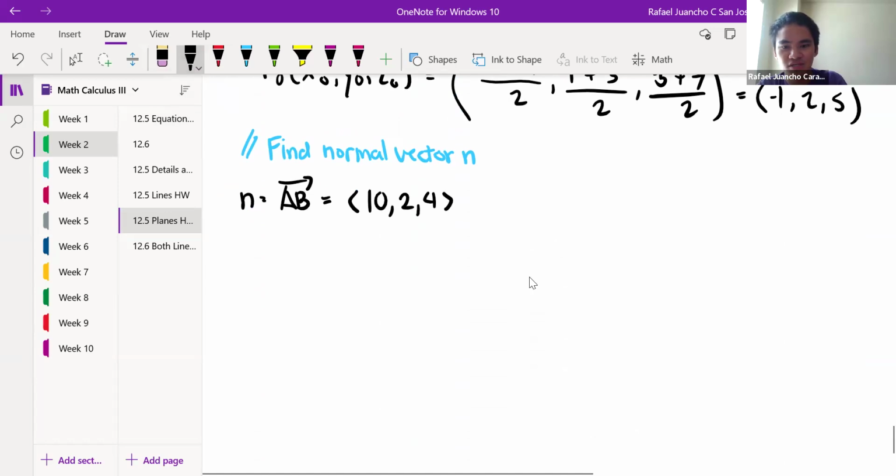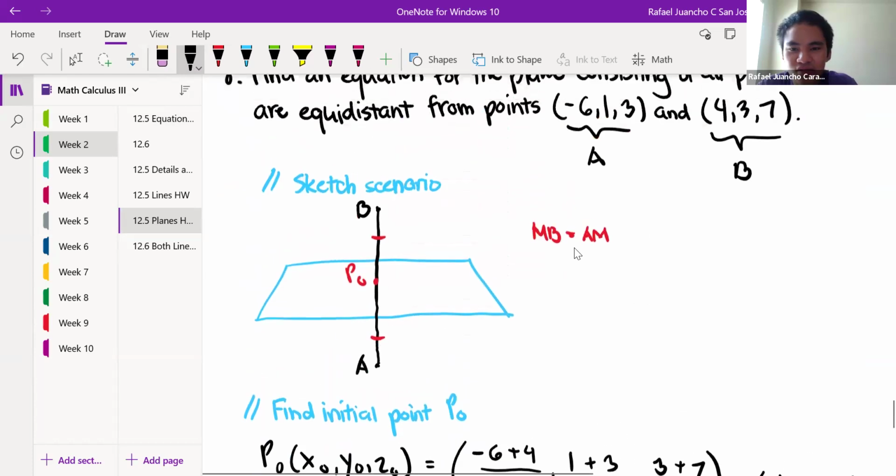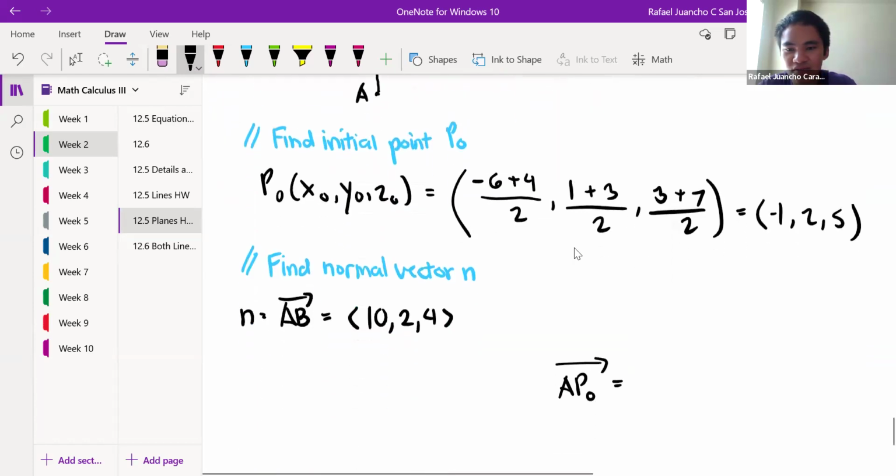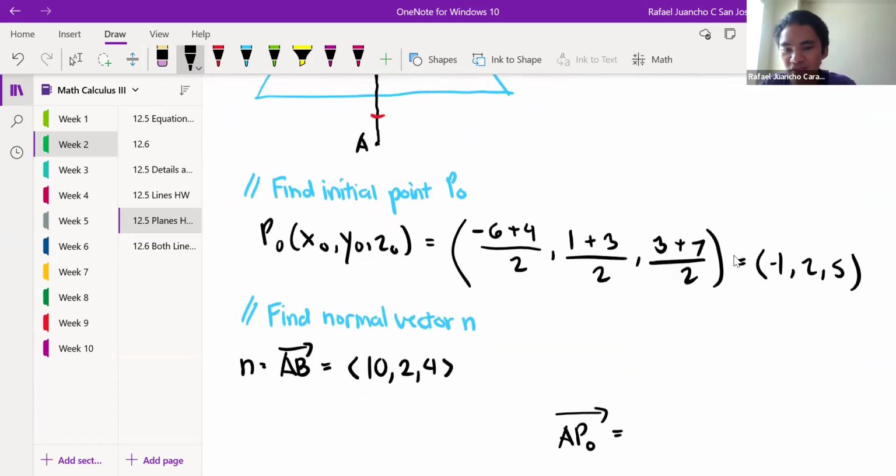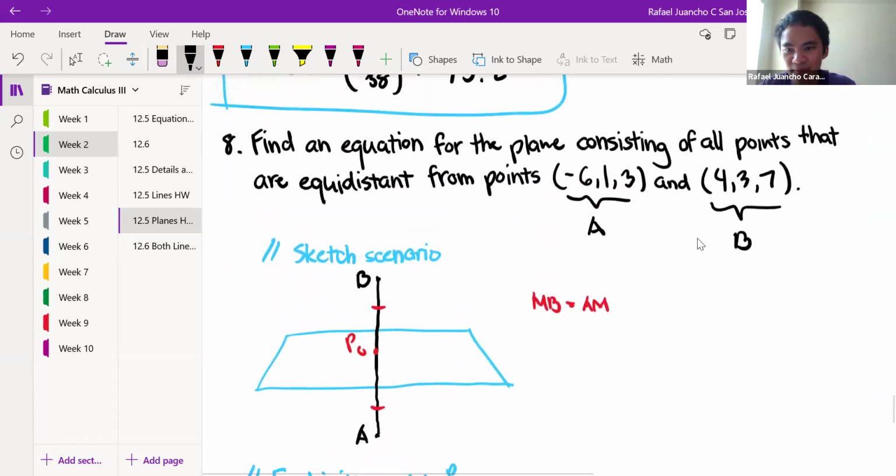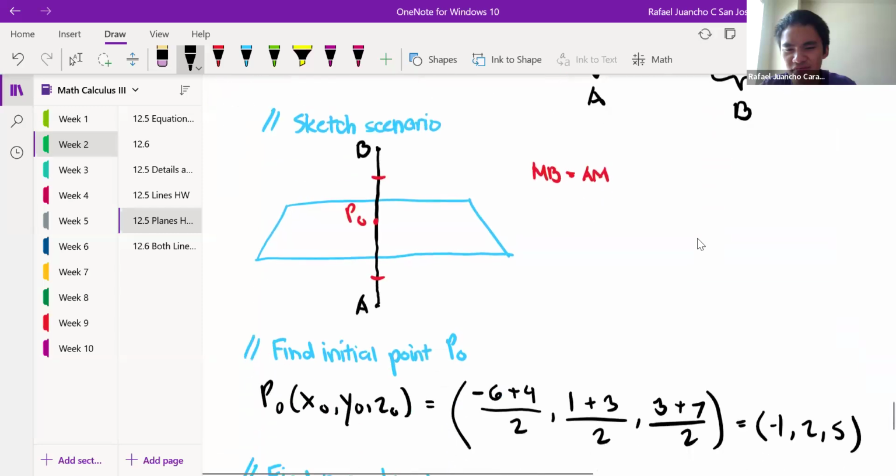Let me try real quick. So P naught, let's see if it makes sense. -1, minus negatives, so it's 7.